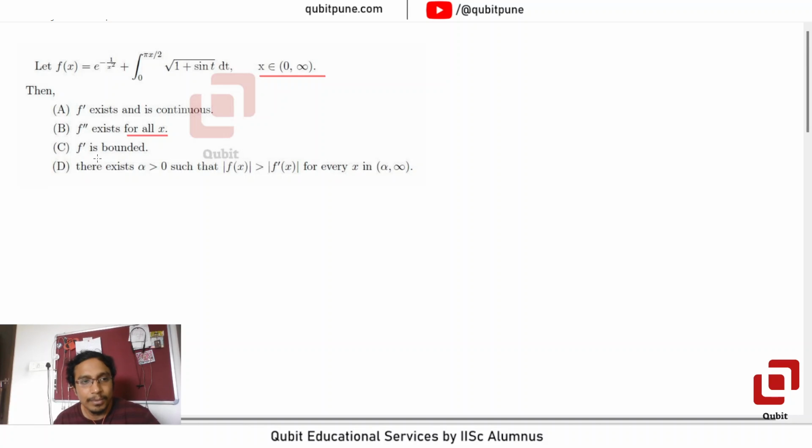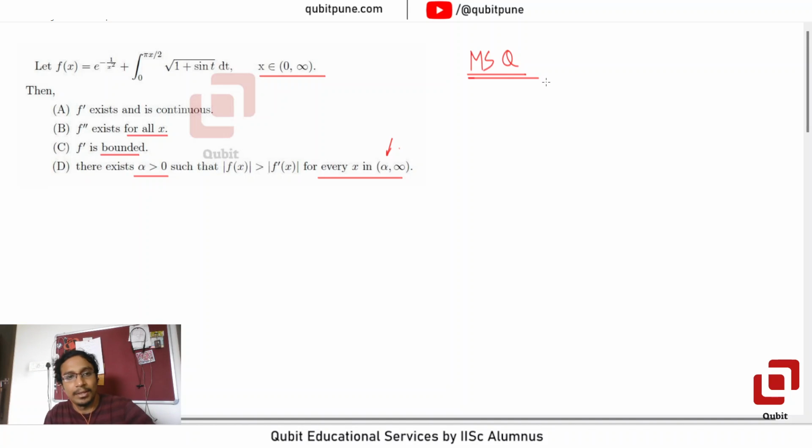C. f dash is bounded. D. There exists alpha greater than 0 such that magnitude of f of x is greater than magnitude of f dash of x for every x in the open interval alpha to infinity. This is a multiple select question, meaning we must check for each and every option.